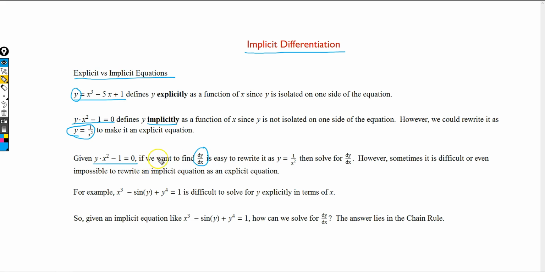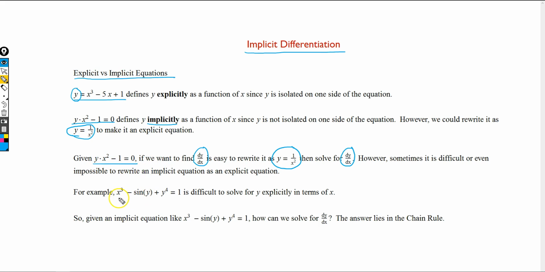Well, one way would be to try to rewrite the equation to find y explicitly as a function of x like this, and then find dy dx. That's fine, however, sometimes it's really difficult or even impossible for a complicated equation to solve it for y explicitly as a function of x.